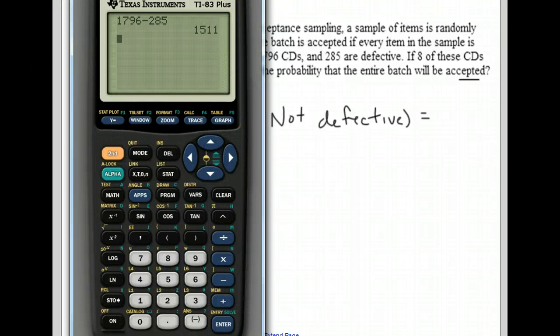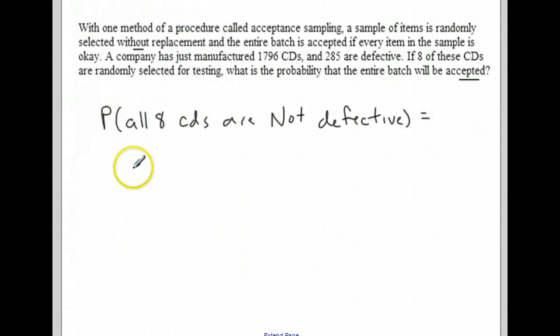Alright, so 1511 out of the 1796 are not defective. They're okay on the first try.